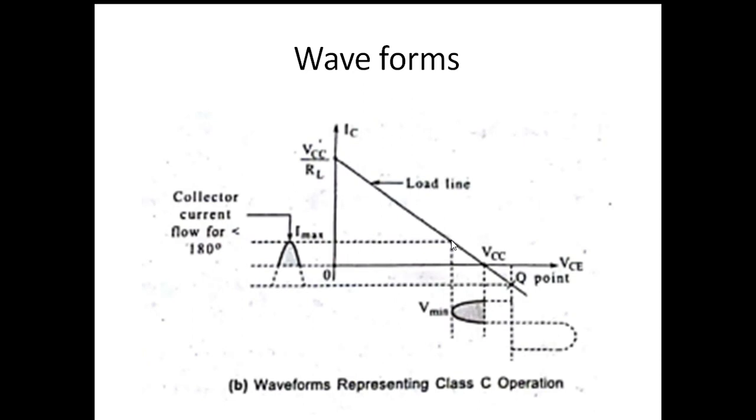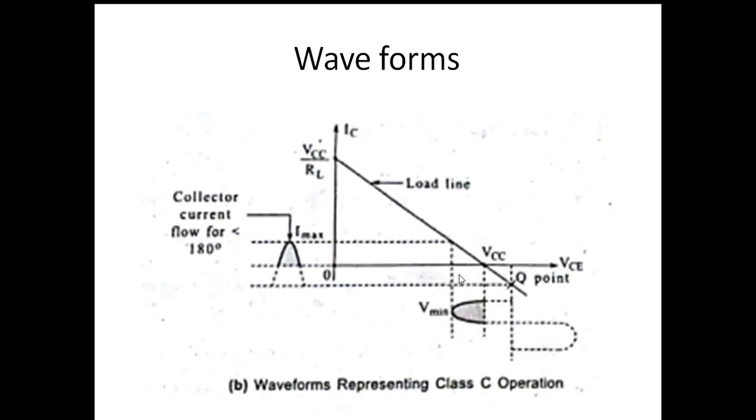If the operating point is near to the cutoff region or near to the saturation region, this is the completely saturation region, and this is the completely cutoff region. If the operating point is near to the cutoff region or near to the saturation region, then that is called class B operation. By using class B, only 180 degrees conduction can be achieved.